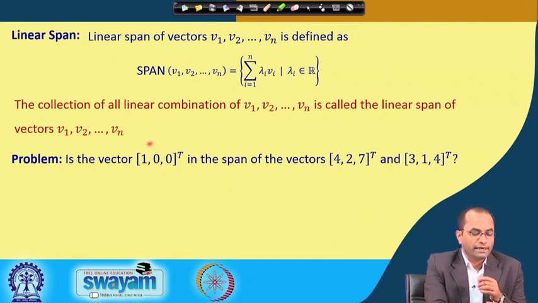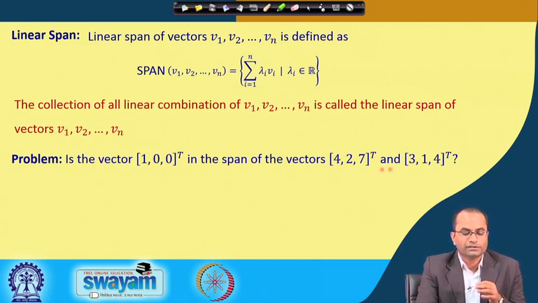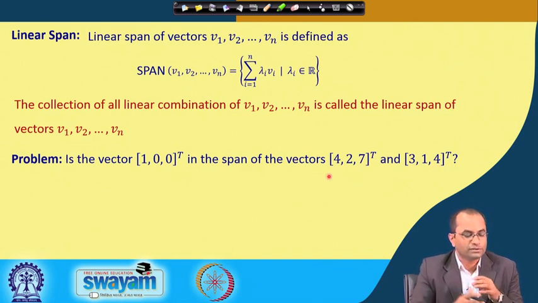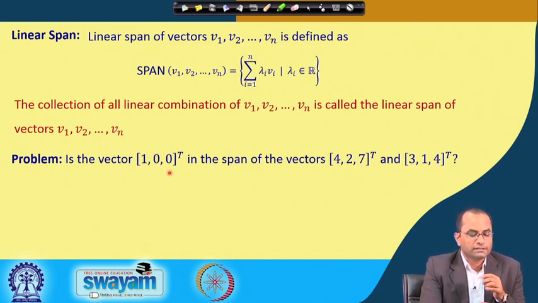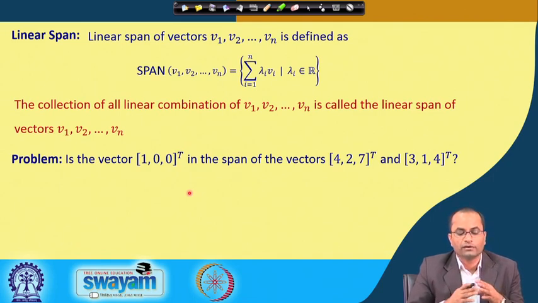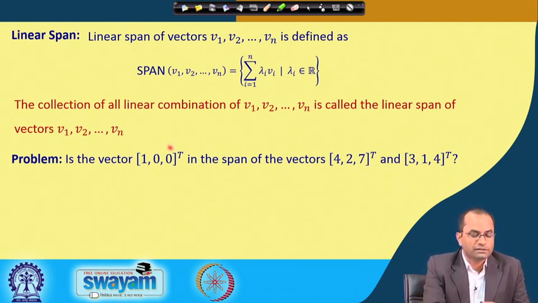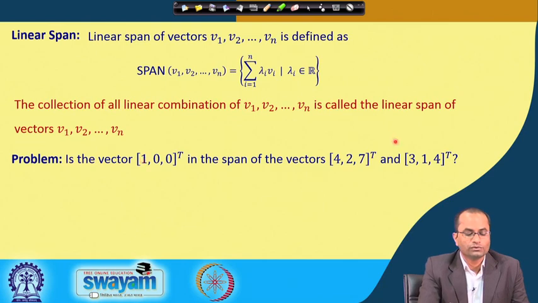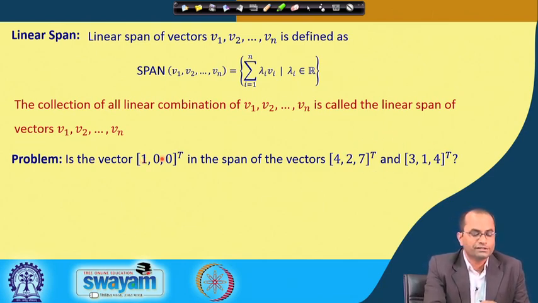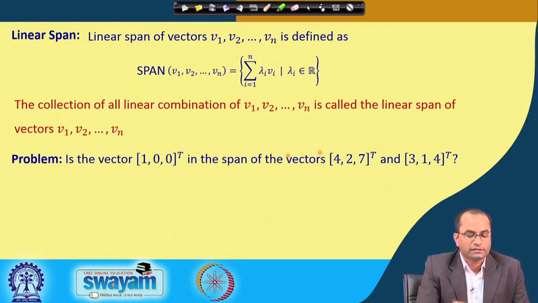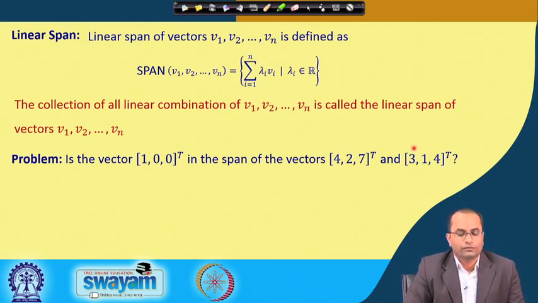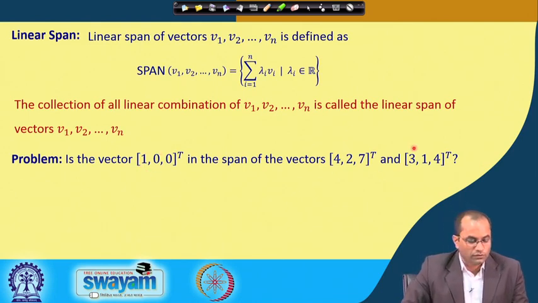Basically, can we write this vector as a linear combination of these two vectors? The span of these vectors is all linear combinations of these two vectors, so to check whether this vector belongs to the span or not, we just check whether it is a linear combination of these two vectors.